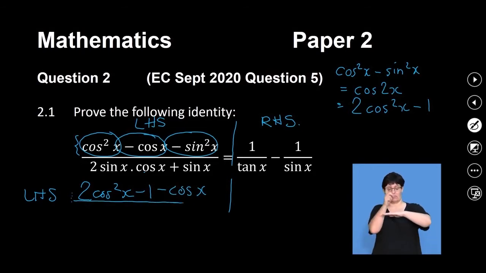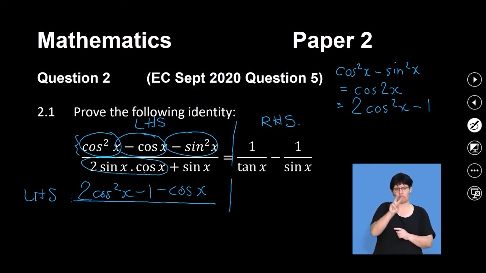Okay, let's turn our attention to that denominator. In the denominator, we could possibly turn that into a sine of 2x, but again, that's not going to be useful because then I'm going to have a 2x and an x, they're different angles, all in the same denominator, and I can't work with different angles like that. So rather, I'm going to try the approach of factorizing.